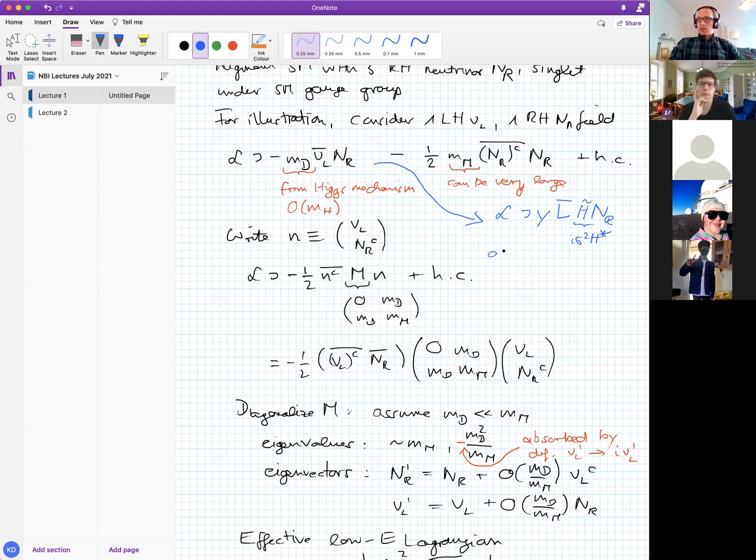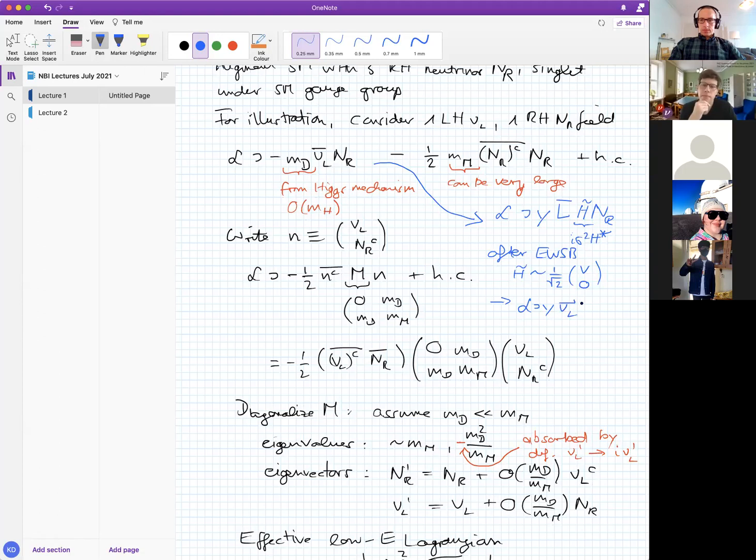And so after electroweak symmetry breaking, this H tilde field is essentially 1 over square root 2 times the VEV in the upper component and 0 in the lower component. So it projects out the upper component of the doublet here, which is just the left-handed neutrino.